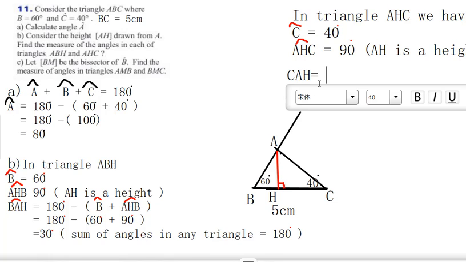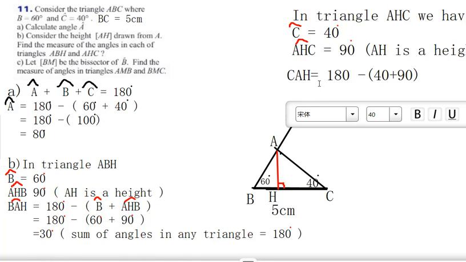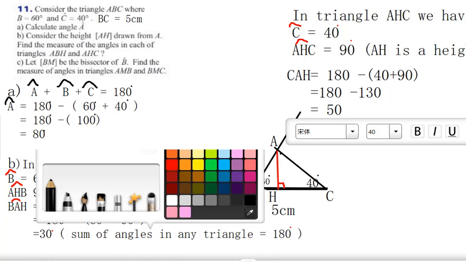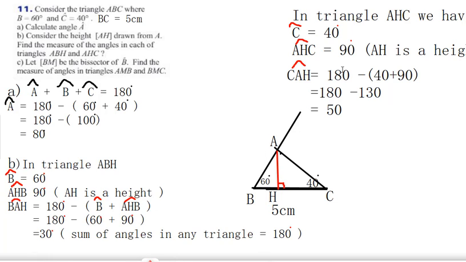CAH is equal to 180 degrees minus (40 plus 90), which is equal to 180 minus 130, equal to 50 degrees. Okay, so now I found the measure of all the angles of triangle CAH.